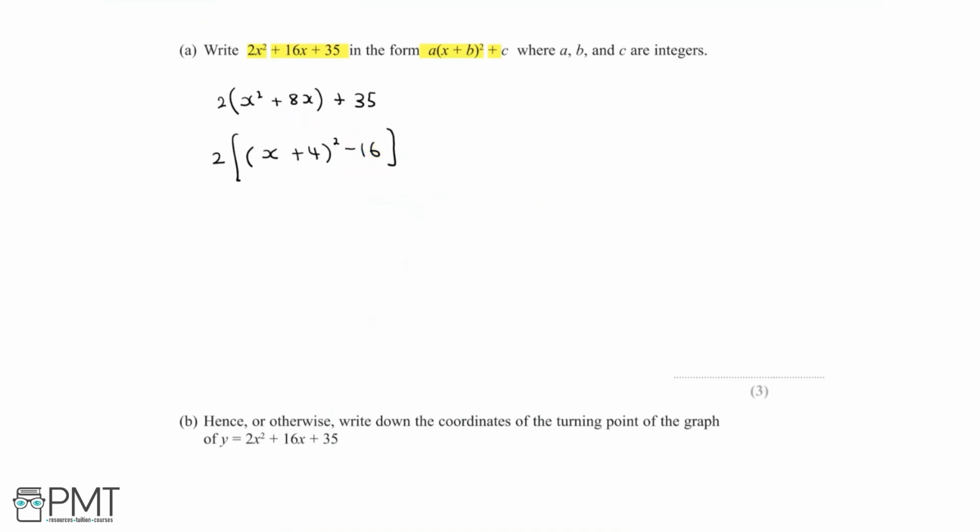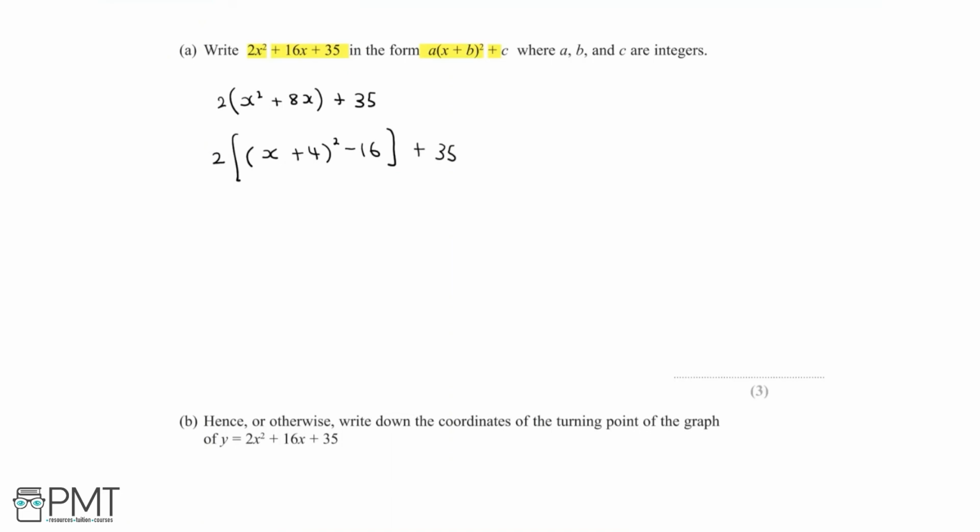So now that we understand why we have x plus 4 all squared minus 16, we can continue with our question. And remember that we have the 2 in front of it because the 2 is multiplied by the whole thing. And then we have our plus 35 at the end again. Now looking at these brackets, we have 2 multiplied by x plus 4 all squared minus 16.